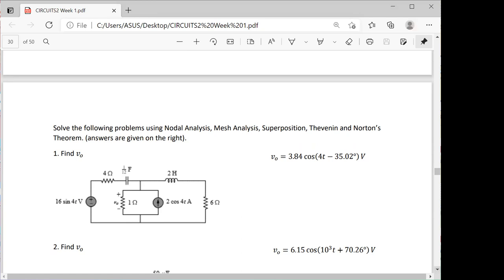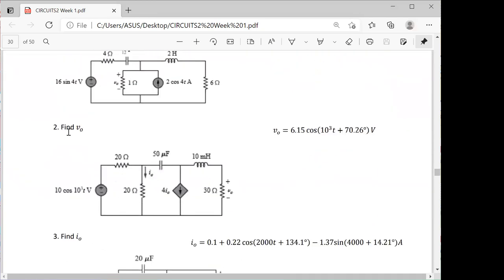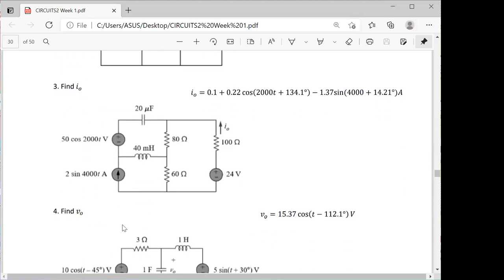Tapos sa next meeting naman, ito yung magsisilbing second activity ninyo na pwede naman isubmit sa March 21, this problem number 2, then yung number 3, maybe March 28, tapos yung number 4, pwede kong gawing quiz ito. Okay, so hintayin na lang ninyo sa canvas ninyo yung mga activity gagawin ninyo.